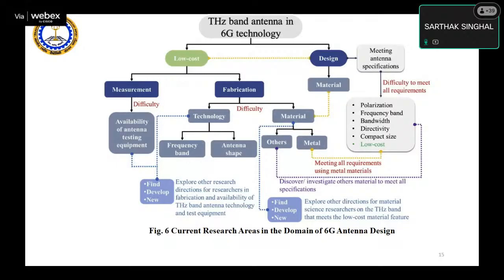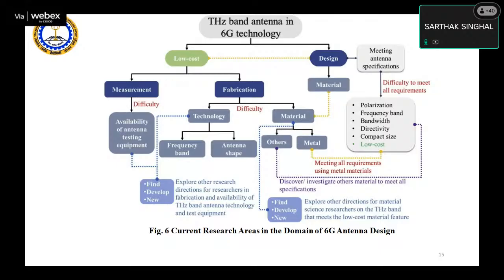So the area of research with respect to measurement and fabrication is to find new methodologies for fabricating precise geometries at micro and nano level with high precision and low losses, along with low cost of fabrication.